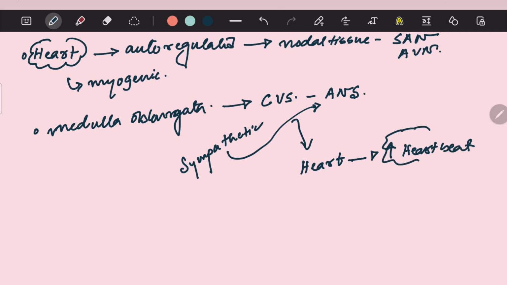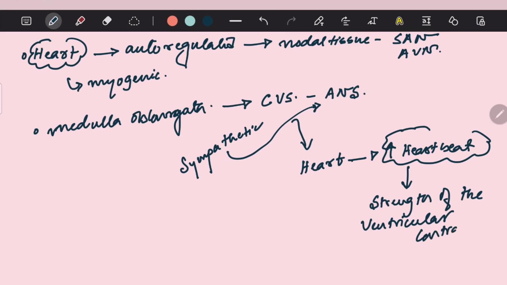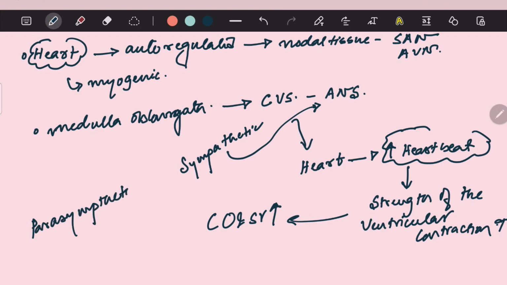When the heartbeat is increased, simultaneously the strength of the ventricular contraction also increases, and thereby the cardiac output and the stroke volume also increase. On the other hand, the parasympathetic nervous system of the ANS decreases the heartbeat and the heart rate. As a result, the cardiac output is also decreased.